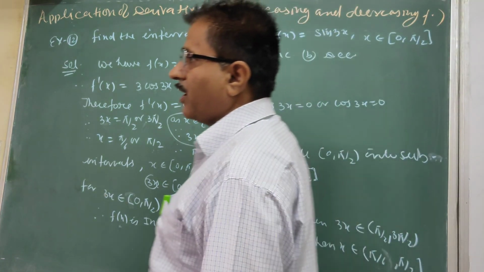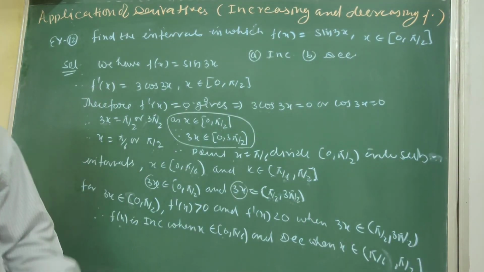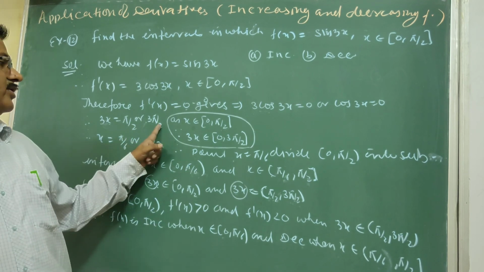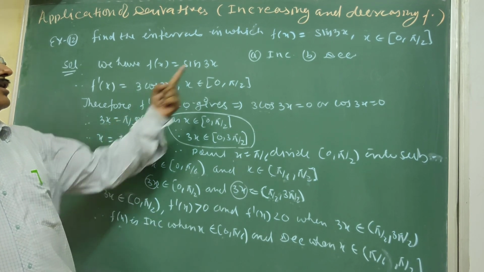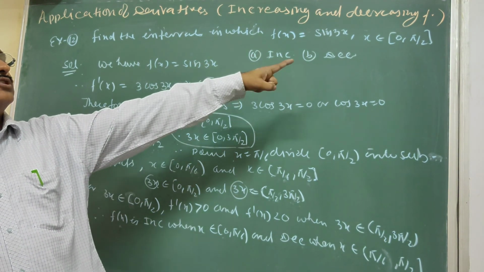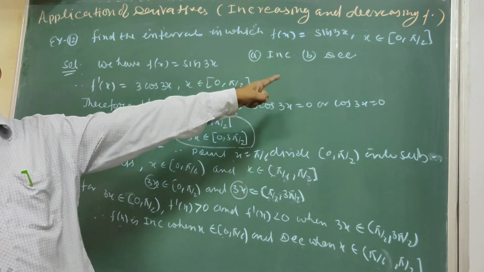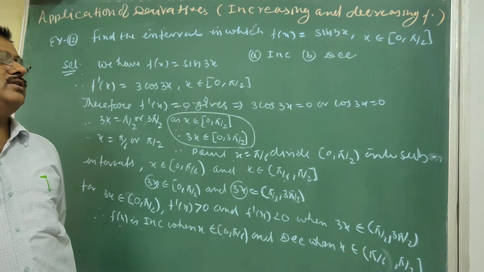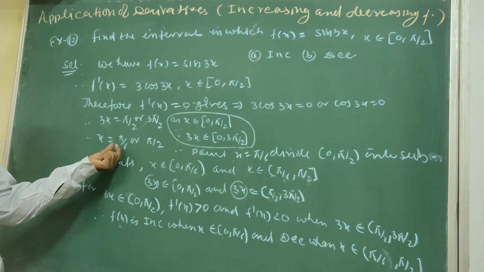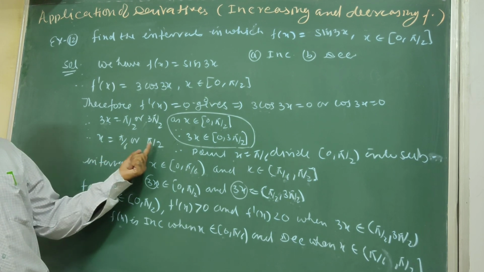We are here taking only pi by 2 and 3 pi by 2 because the corresponding interval is given for x from 0 to pi by 2. So 3x will be from 0 to 3 pi by 2. So you have to take points between these two. So for suitable x we are getting pi by 6 and pi by 2.